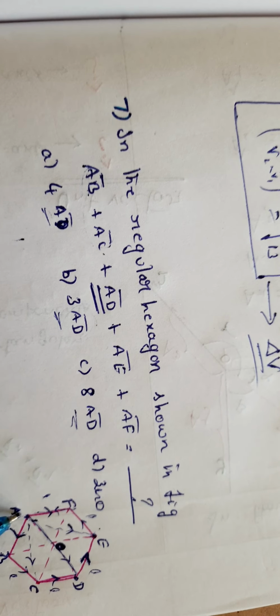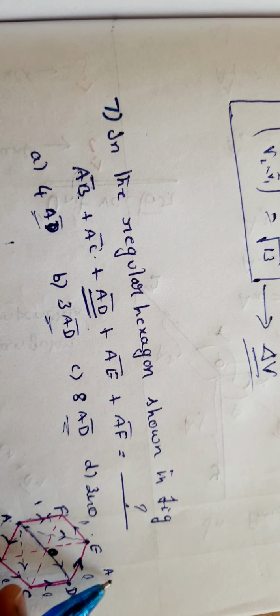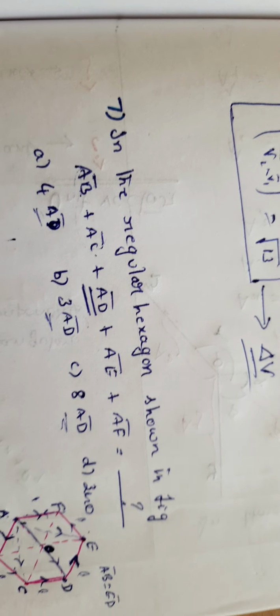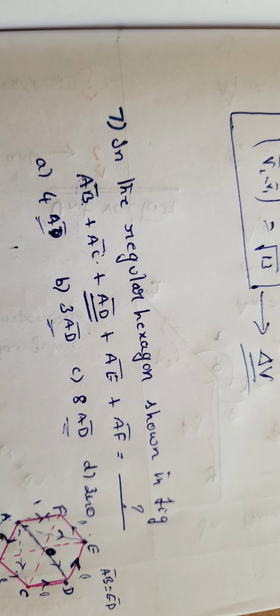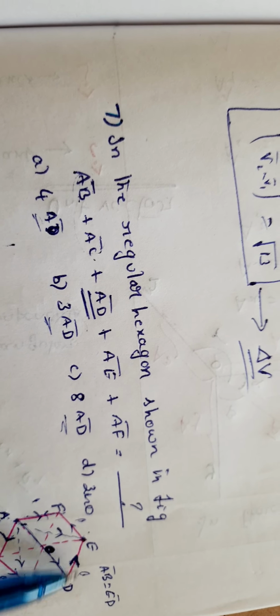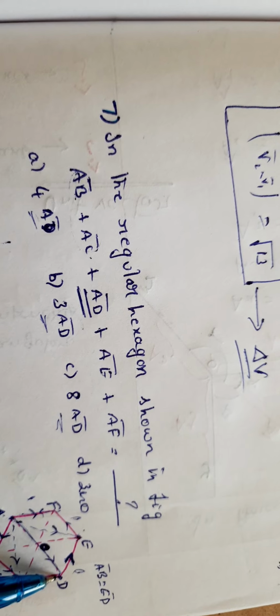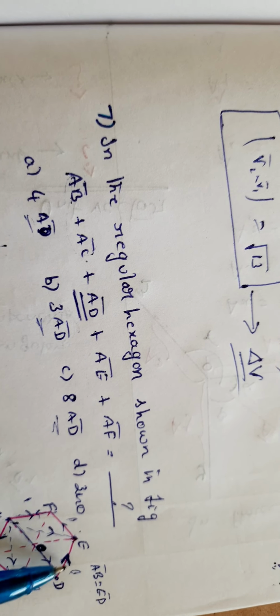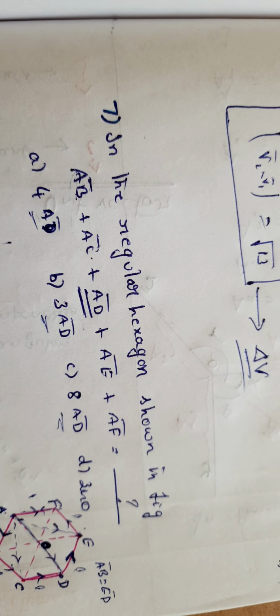So I can write directly here that AB is equal to ED. Is it not? ED. That means DE bar is equal to minus ED bar.